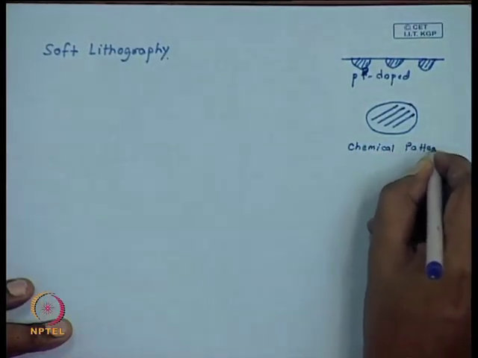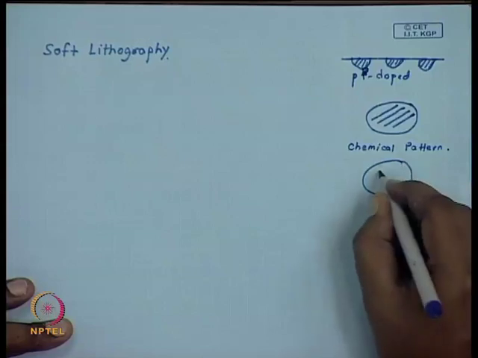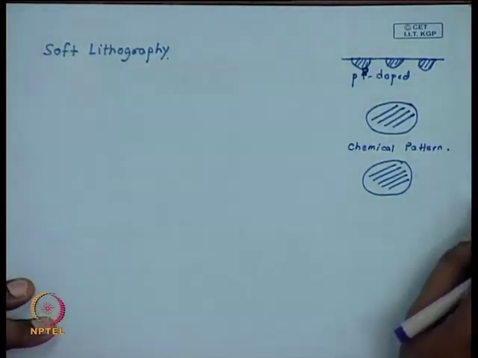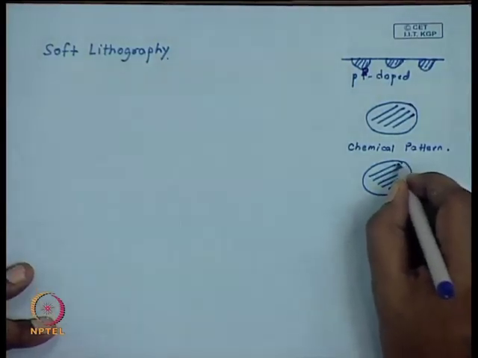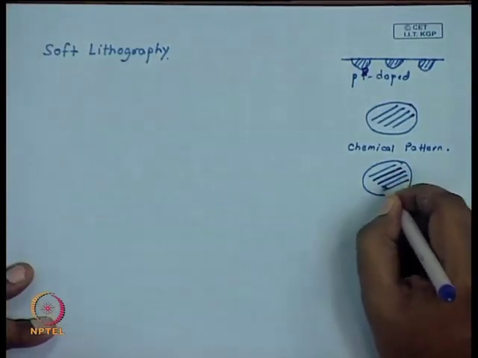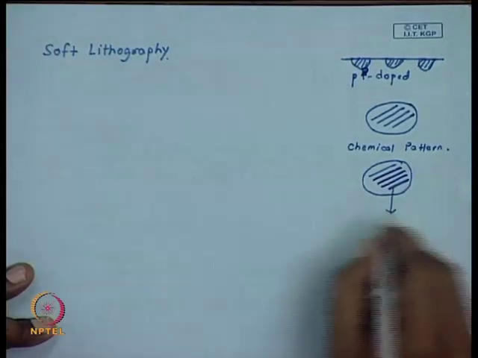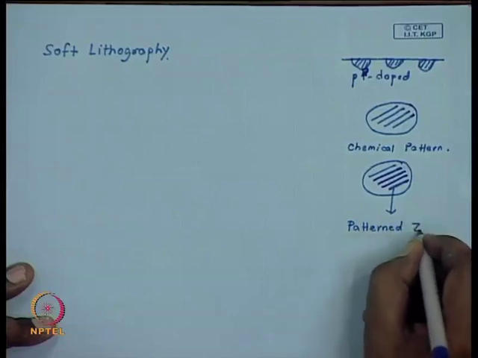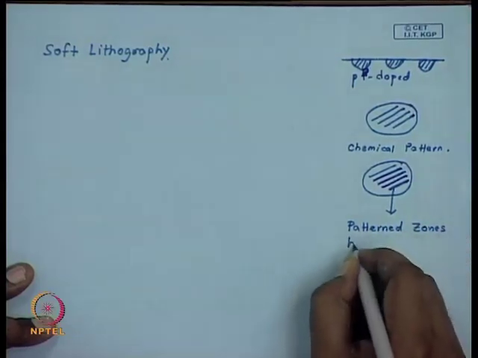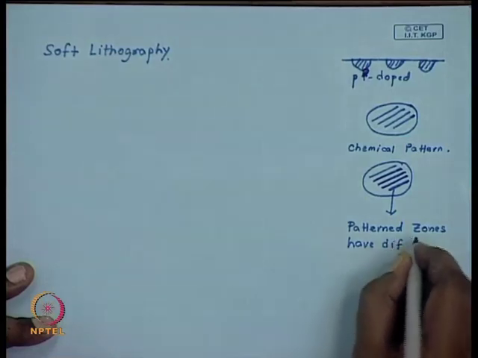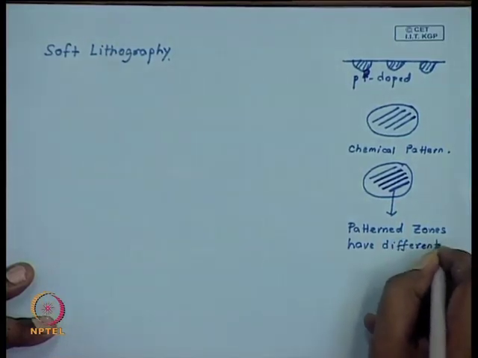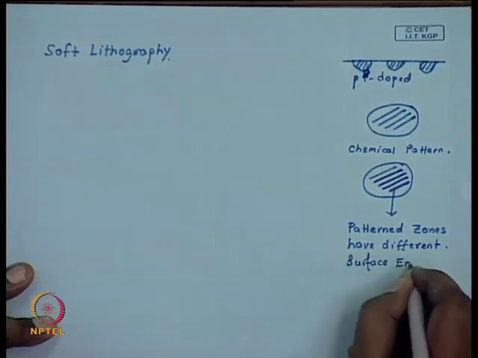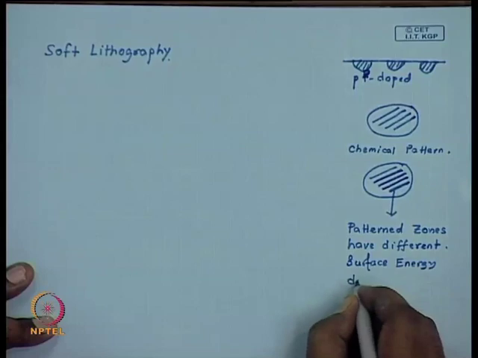pattern would mean similar topographic featureless domains, but in most cases it implies that these imprinted or patterned zones have different surface energy domains.